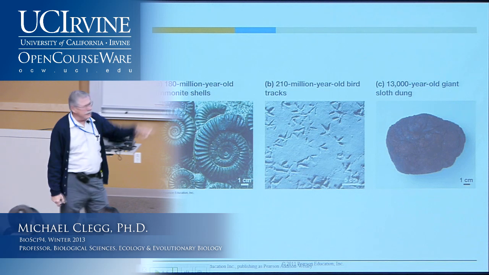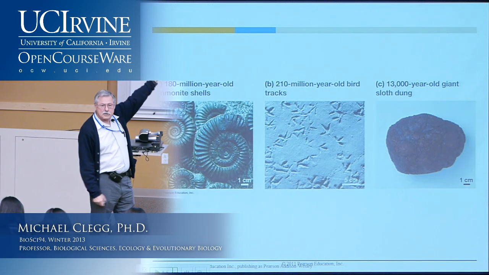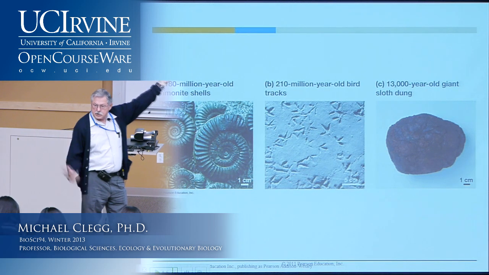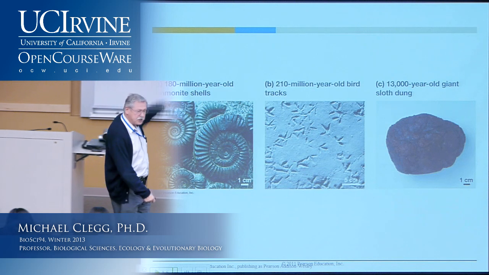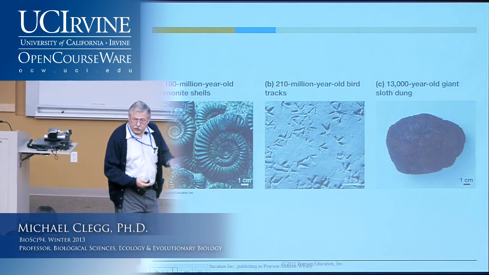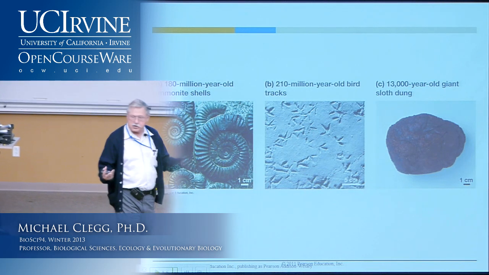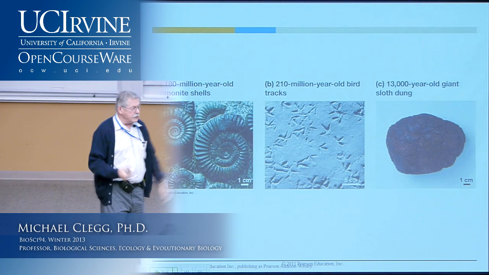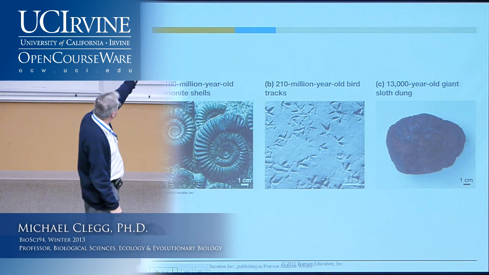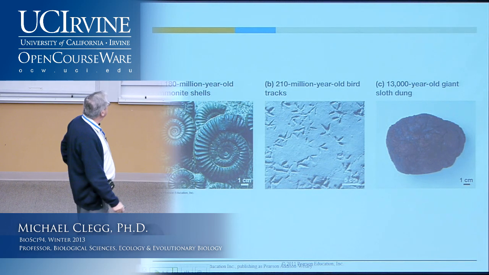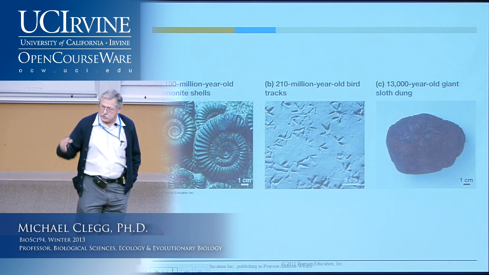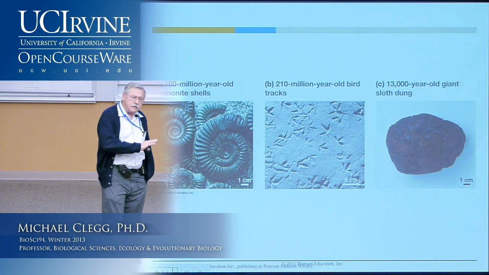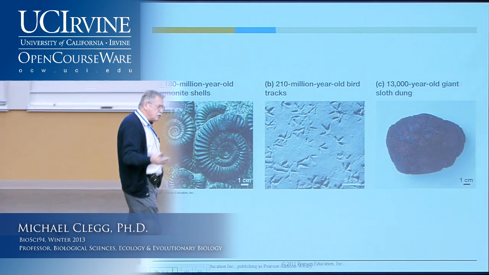And we'll talk more about that in another lecture, but it's biased in favor of structures that tend to be preserved. So ammonite shells are fairly abundant fossils because a hard calcareous shell gets preserved, it doesn't break down. But here's an interesting fossil: 210-million-year-old bird tracks laid down in mud that quickly solidified and was protected.